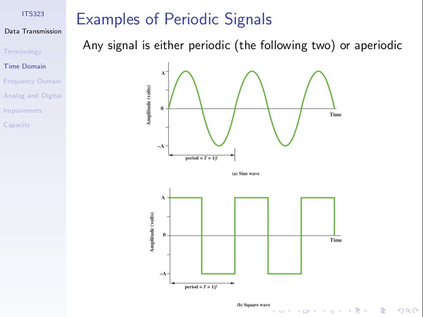Okay, simple. And it has some period, the duration in time of one repetition, one cycle. So the period of this signal. And this square wave signal, digital signal, is also periodic if we continue in time. It's just this component repeated and so on. It also has some period.